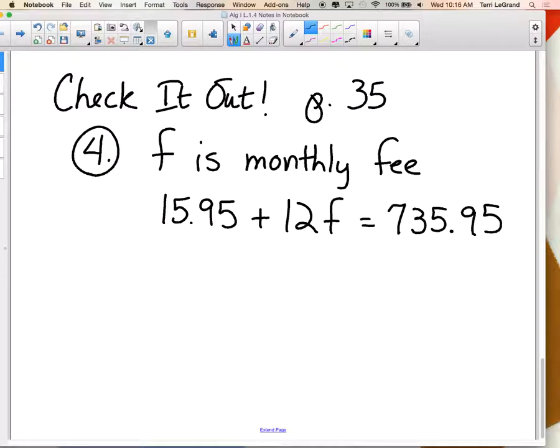So, does this make sense? Did she only pay $15.95 one time? Yes, one time. Plus, if you add how much she paid for the monthly fee times the 12 months, that money added to the $15.95 one-time fee should equal her total. Okay, go ahead and solve that then.